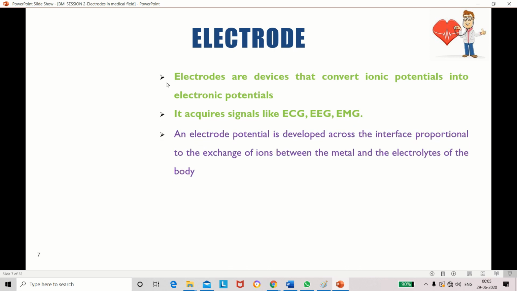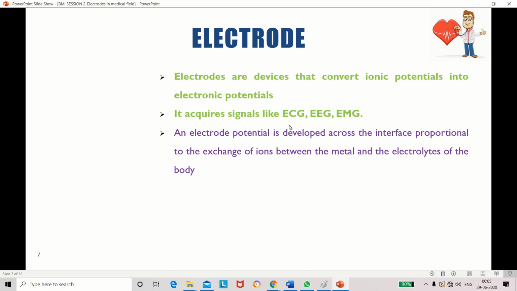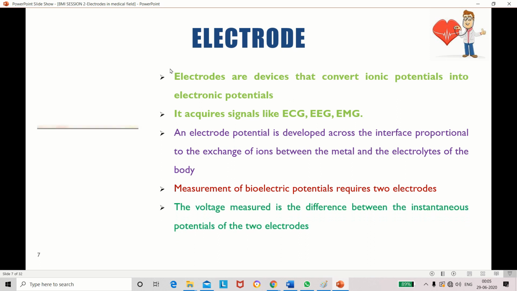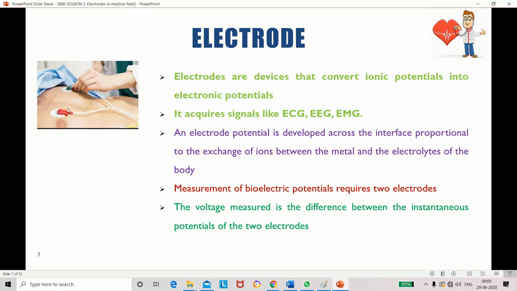Now, the potential we are measuring is across the electrode and electrolyte interface. So, we should know what an interface is. We know what an electrode is, but we have to know how this electrode and electrolytic interface can produce potential. Now, see this diagram. Here we are fixing two electrodes on the chest of the patient.